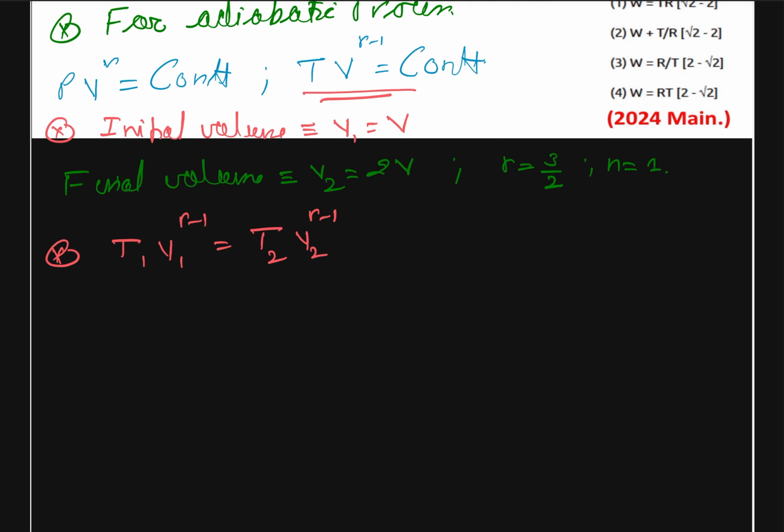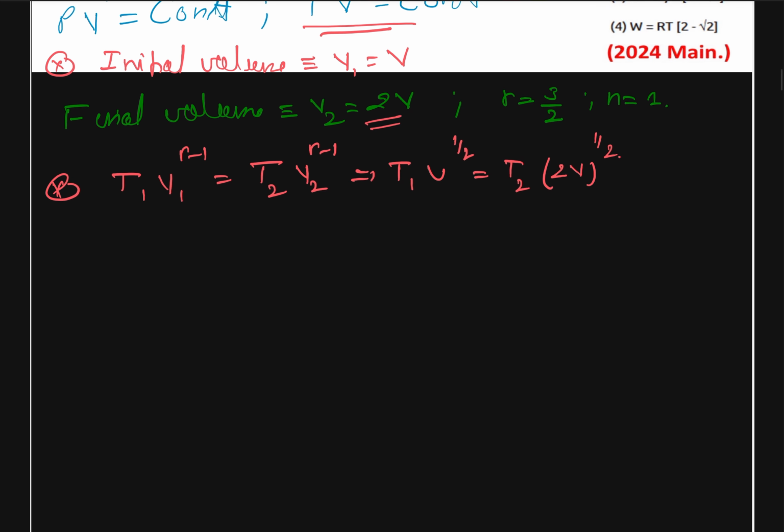And gamma is 3/2, so we substitute it. We get T1 V1 raised to power 3/2 minus 1, giving us 1/2, is equal to T2 times V2, which is twice of V, and here also we can substitute V1 equal to V, so this gets (twice of V) raised to power 1/2.